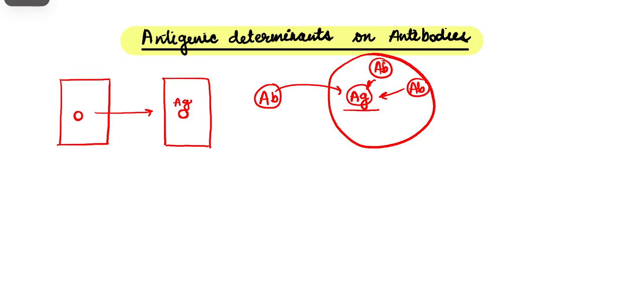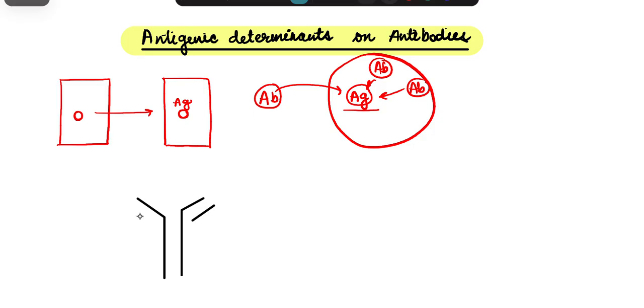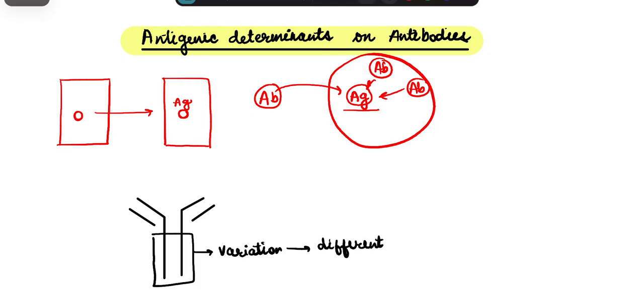Isotype means the condition or the variation in the antibodies in the constant region of that antibody. Meaning if this is our antibody, and in the constant region of this antibody there is a variation, then it creates different forms of isotypes.